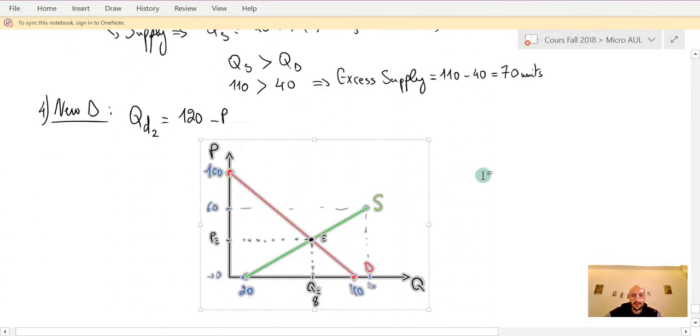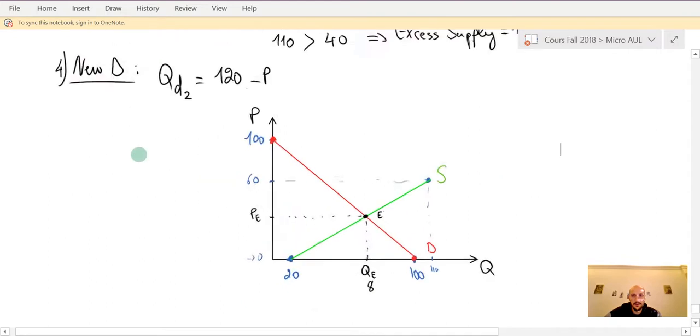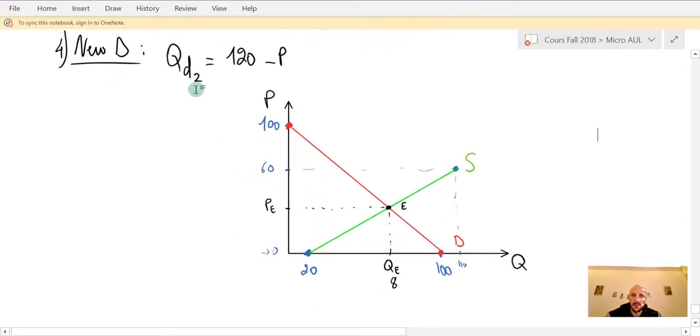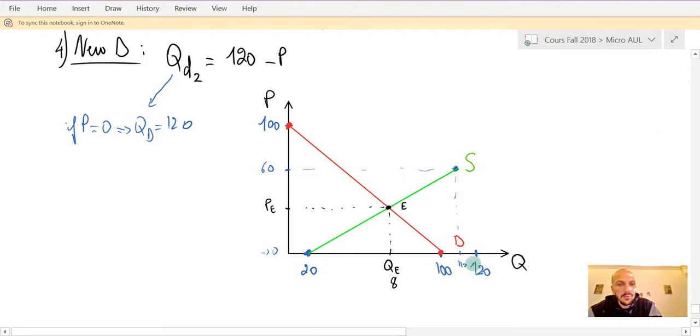Okay, so we have the graph again here and you can say the following: now, instead of when P equals 0 here, if P equals 0, quantity demanded will be 120. So for price equals 0 at this level, instead of starting at 100 we will be at 120.